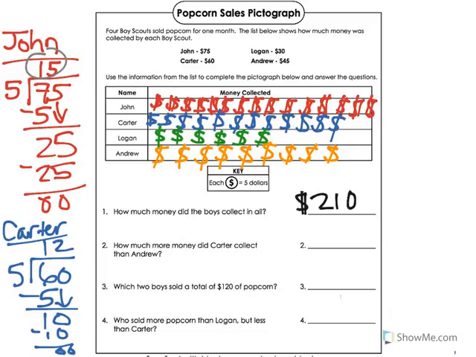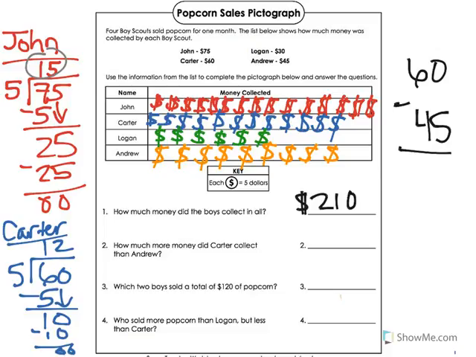Okay. So now, how much more money did Carter collect than Andrew? Alright. So, Carter had $60 and Andrew had $45. So this is a subtraction problem.